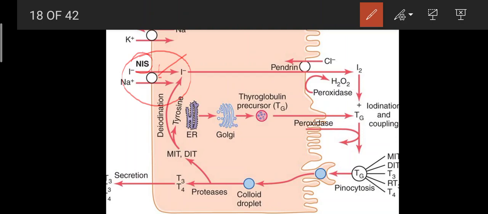From the cell, there is another protein which is known as pendrin, and it is located on the luminal surface of the thyroid follicular cell. It transports chloride ions into the cell, and at the same time iodide ions from the cell into the center of the follicle, the follicular cavity, or we can say into the colloid.